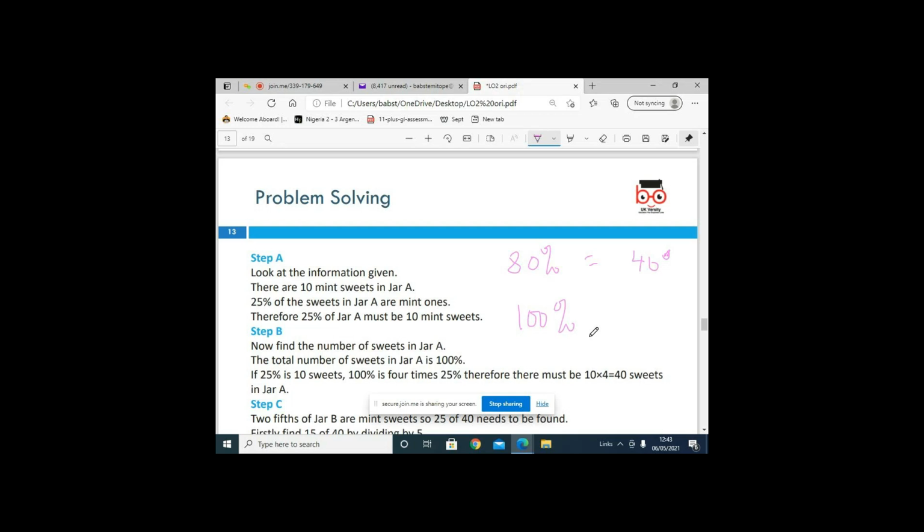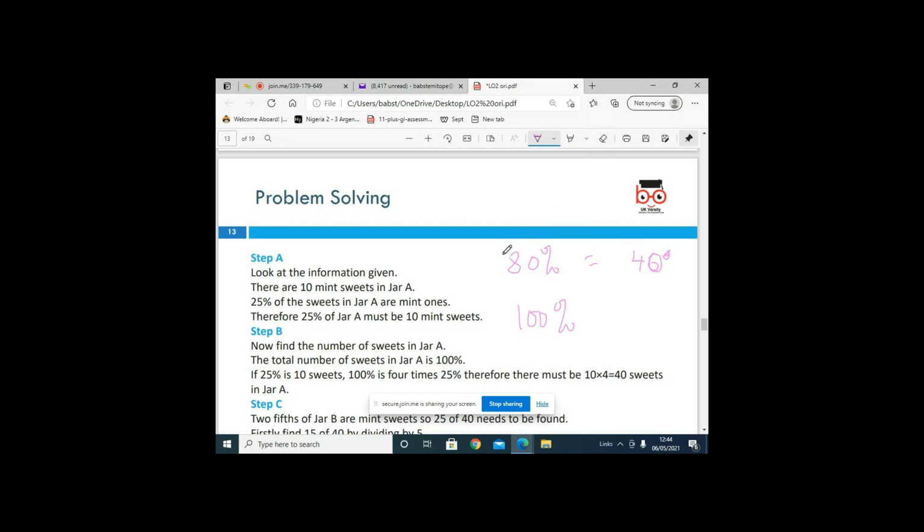Divided by 4. So it's 40. Sorry, not 46, 40. So we divide 80 by 20, right? You can say 80 divided by 2 or by 4. You can think of any number that is easier for you to get to 100. So it's going to be 60.